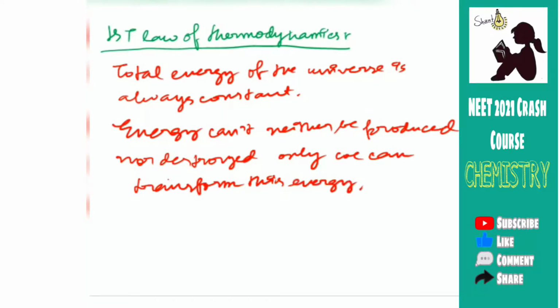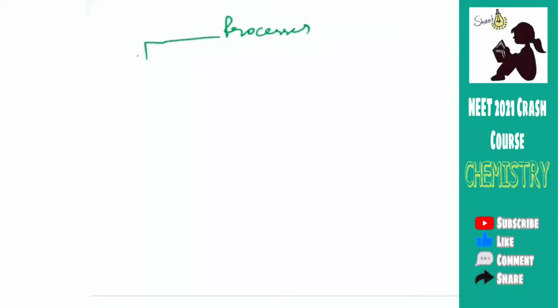Now, for transforming this energy, we go through some certain processes. Our first process is the isothermal process. From this name, you can guess that thermal or thermo means heat.